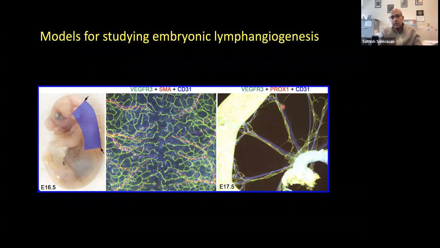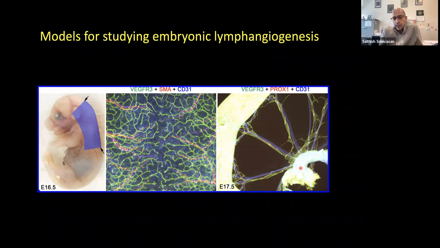And the second model that we use is the mesentery in the gut. So this is the gut intestine of an embryo. And the lymphatic vessels are growing from the center. So there is a lymph node here. And the lymphatic vessels come from where the primitive lymph sac would have been.